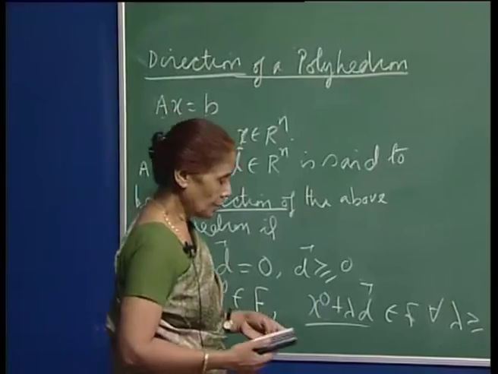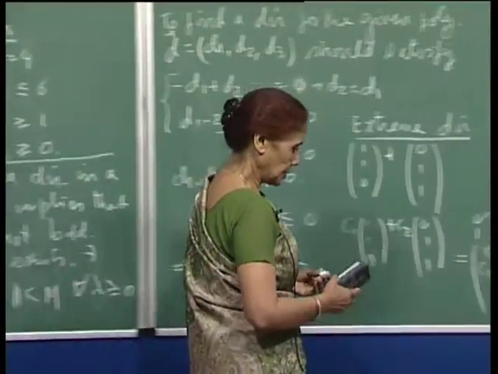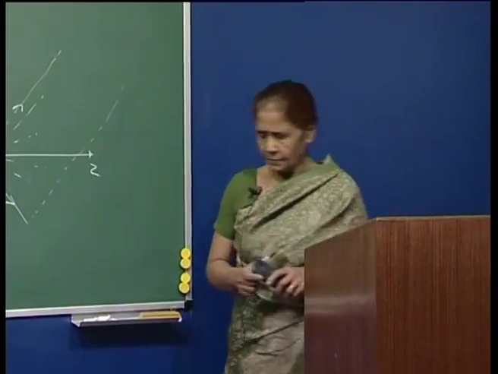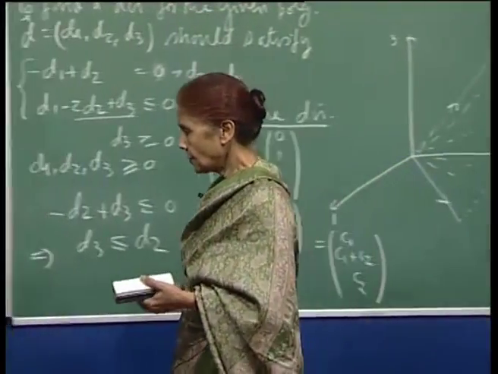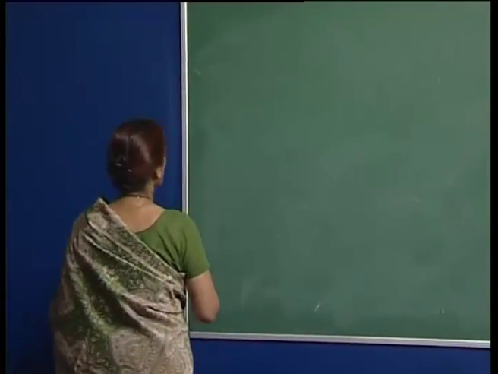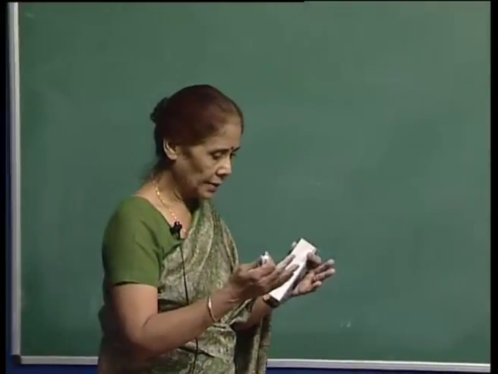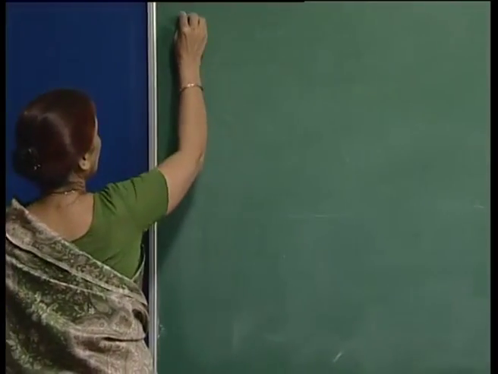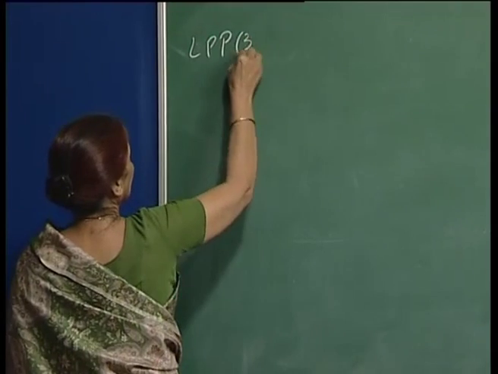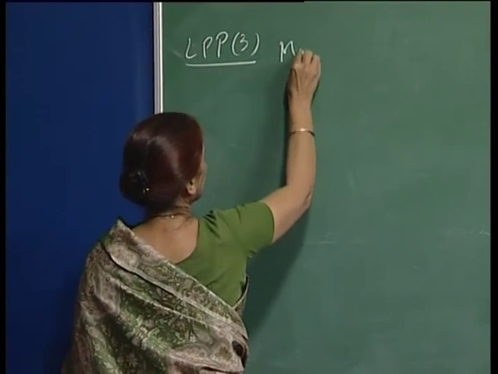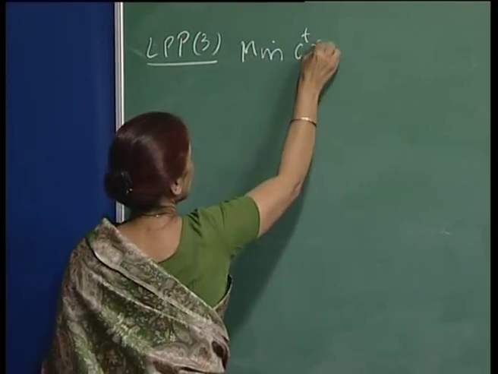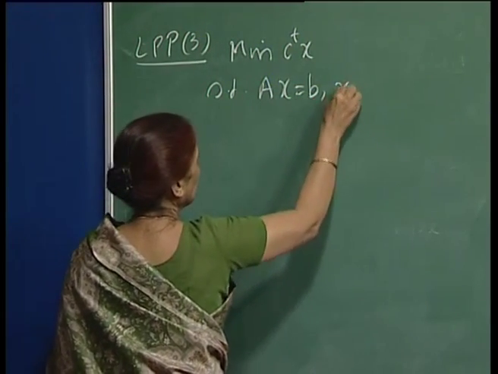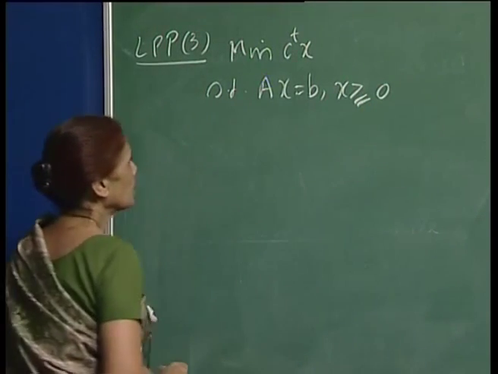So, now let us continue with some more results for the simplex algorithm. That means, I am trying to develop the theory. Let me now say something about the geometry and the algebra that is running parallel. I first defined for the LPP that I had the problem as minimize C transpose x subject to Ax equal to B, x greater than or equal to 0, right.